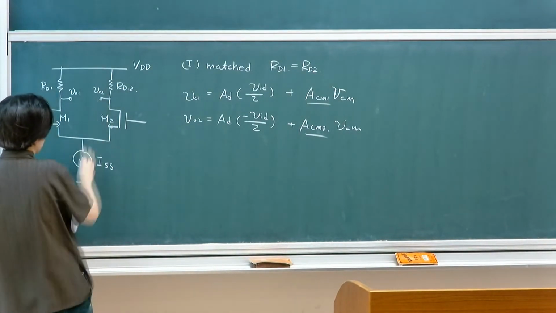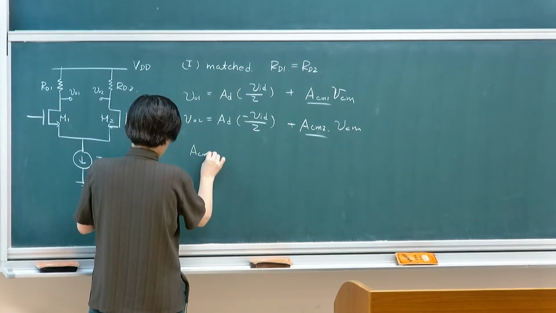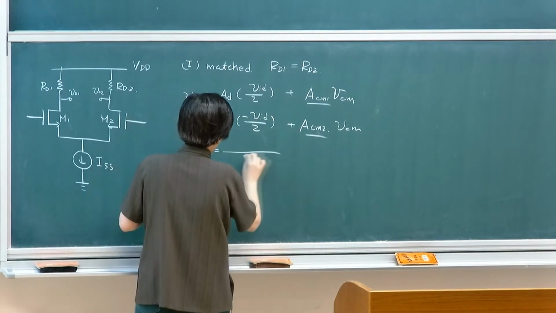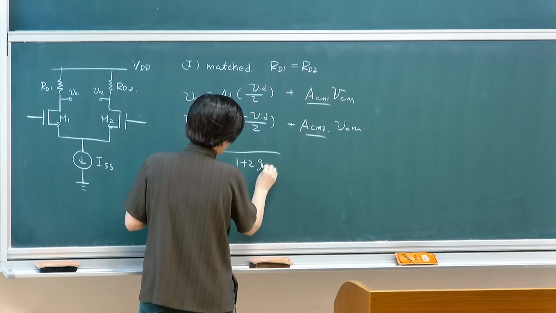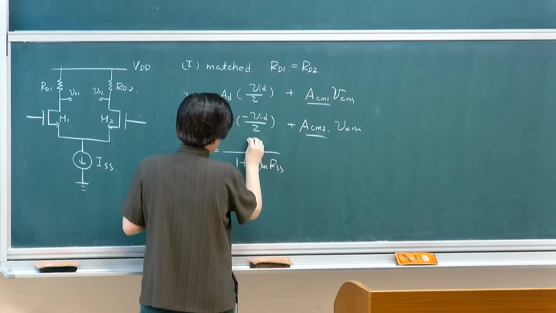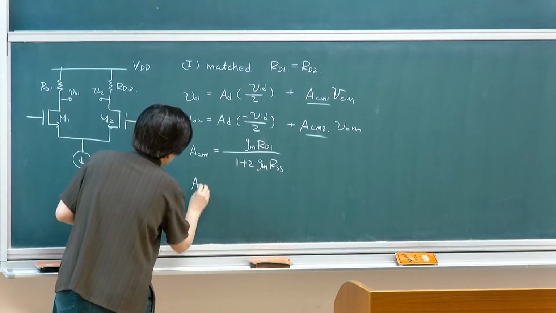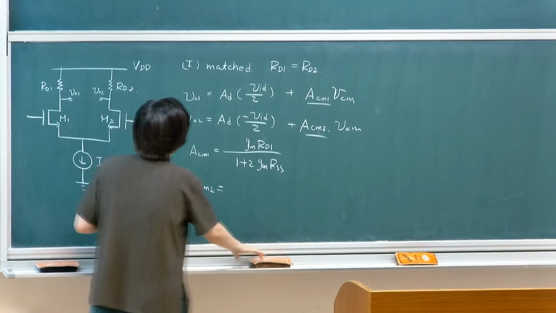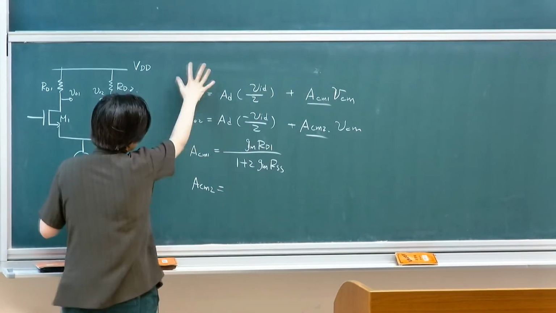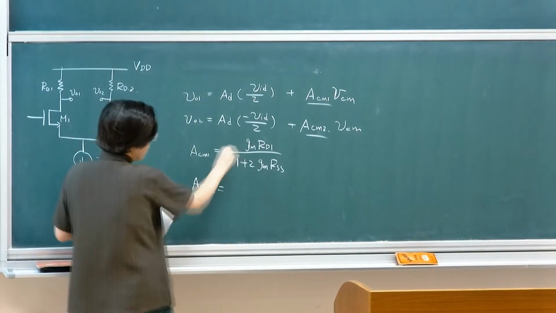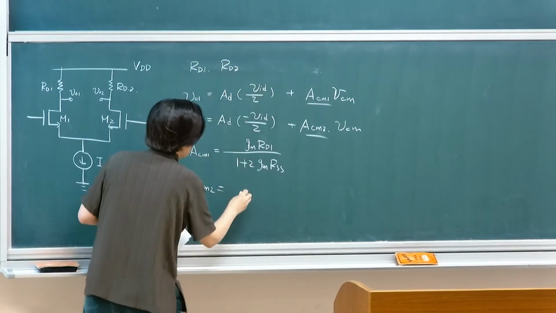So if I actually cut it in half, your common mode gain will then be GM RD1 over 1 plus 2 GM RSS. Let's just give a general equation. Let's say I have RD1 and RD2, and we're going to discuss two conditions.